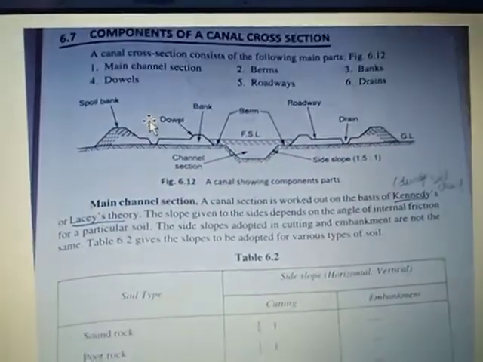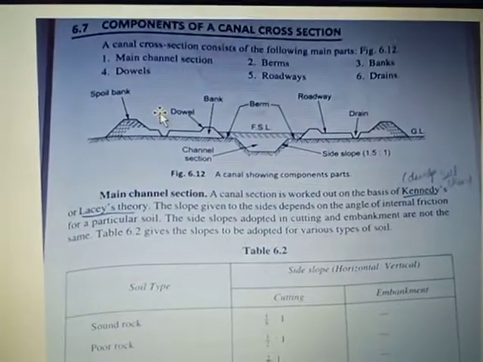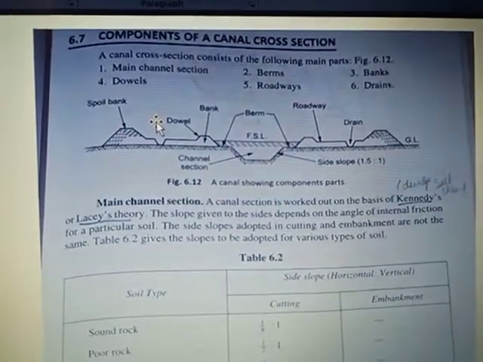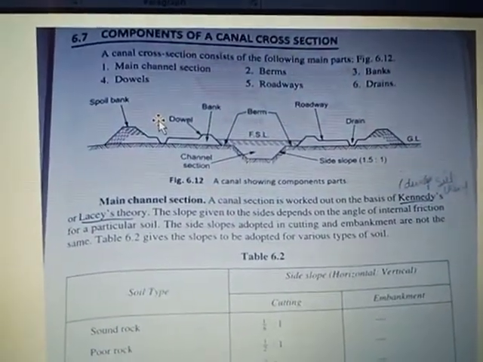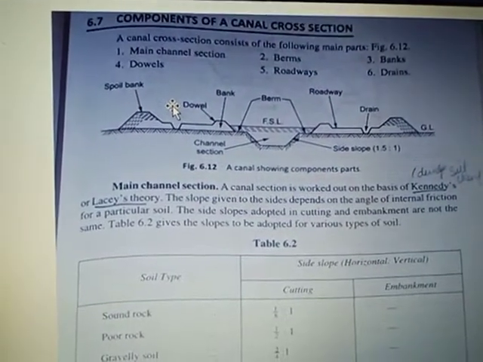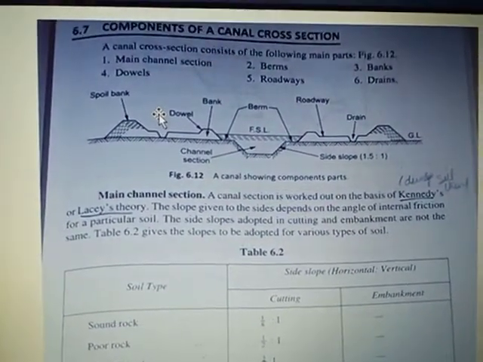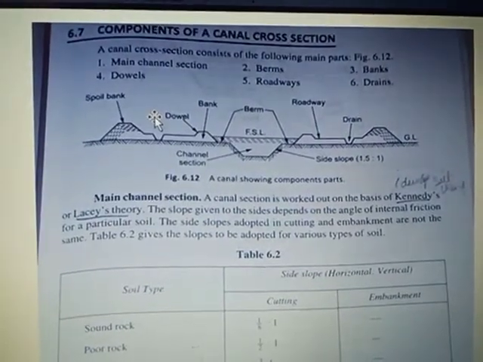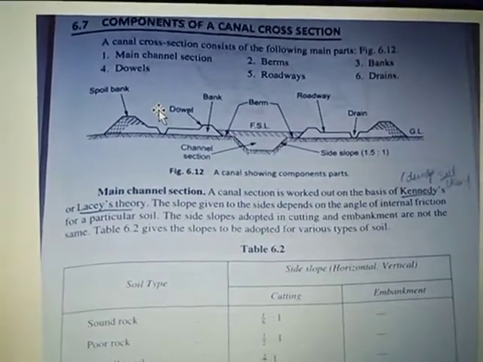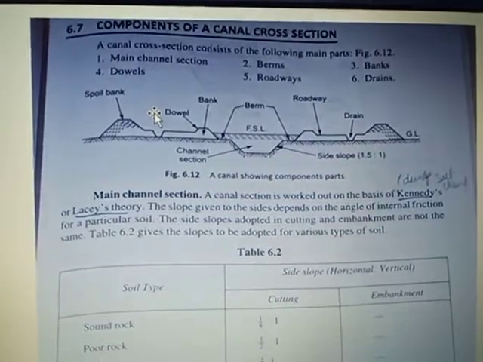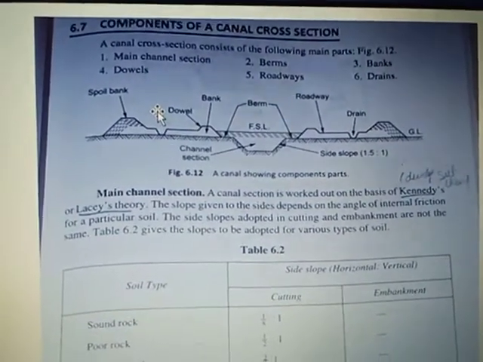Okay, this is about dowels. And roadways are provided on the side of the canal to serve the purpose of access for the person in charge of inspection. This is also called the inspection road.